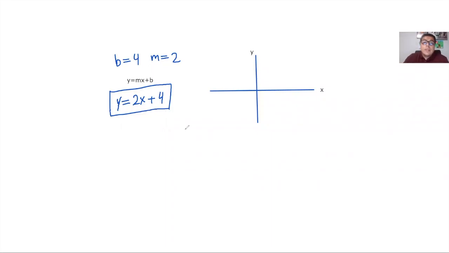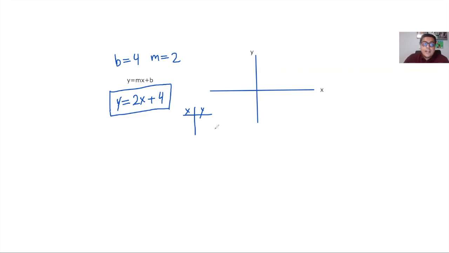So there are multiple ways that you can graph a line on an XY axis. One way that I would assume you have seen before is to simply pick points and start plugging them in. So we'll pick points for your X, and then you'll get a corresponding Y by solving the equation over and over again, and then plotting these points out.